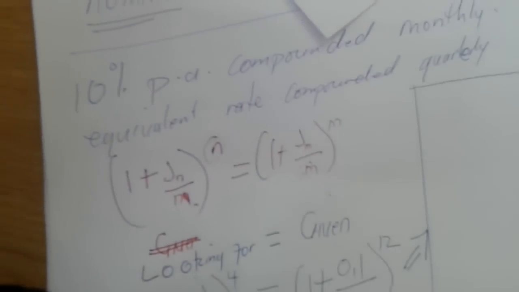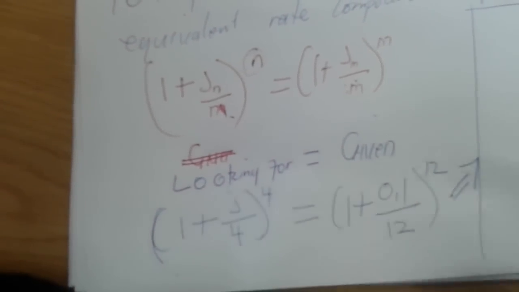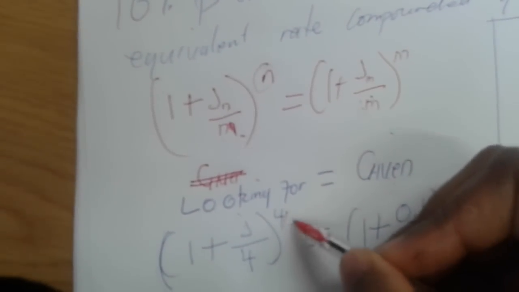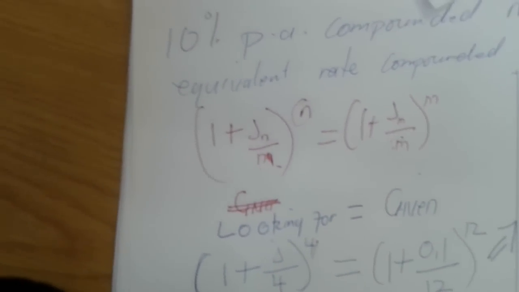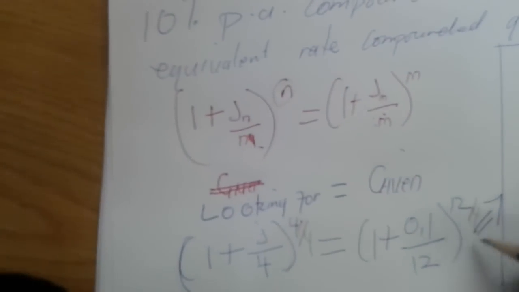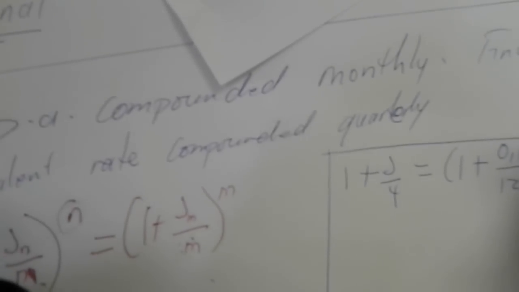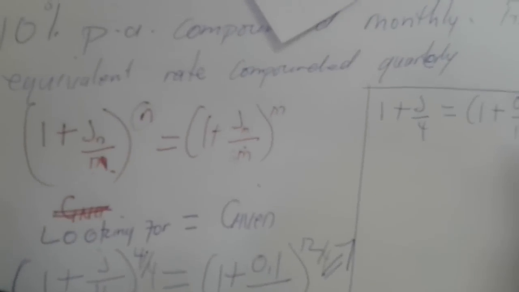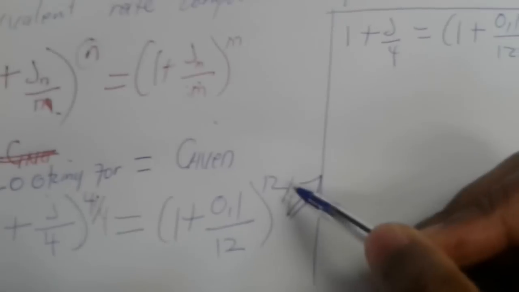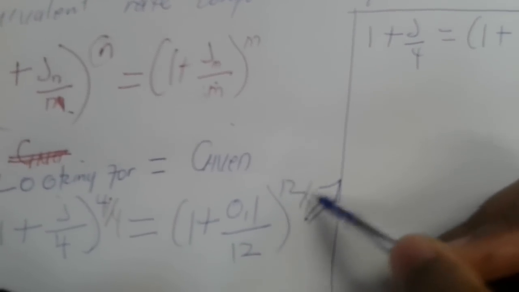How do you make the power 1? You divide the power by 4. But remember, just like with identical twins, if you buy a blue shirt for one, you also buy a blue shirt for the other, otherwise they will fight. So if you divide by 4 there, you also divide by 4 there. My answer is now 1 + j/4 = (1 + 0.1/12)^3. As you can see, 12 divided by 4 is equal to 3.